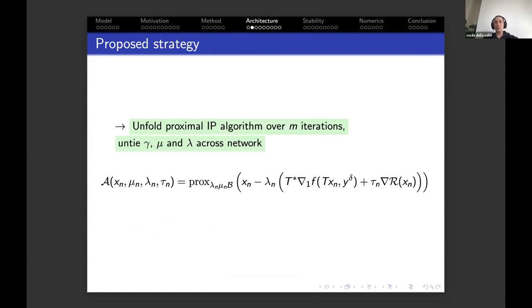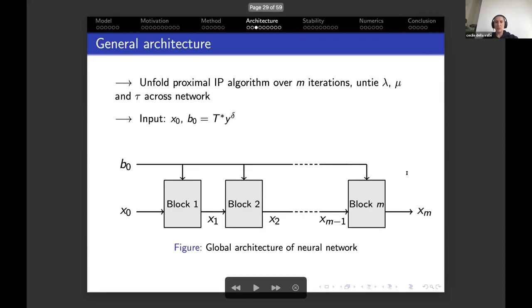Now I unfold my proximal algorithm over m iterations, and I untie the parameters across the network. If I define one layer or one block as this operator, I have two inputs, x0 and b0. B0 is linked to the measurement.